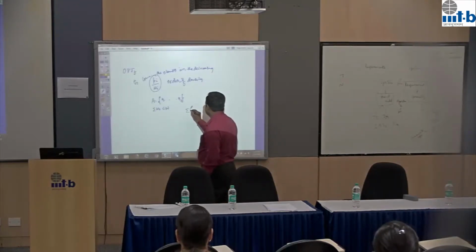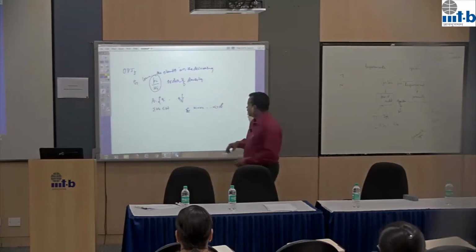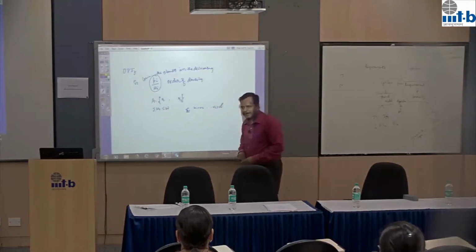That is, W1 plus W2 plus up to Wi is greater than W. That means that the ith item cannot go into the knapsack. You can add the I minus 1th element, but the next element cannot be added.